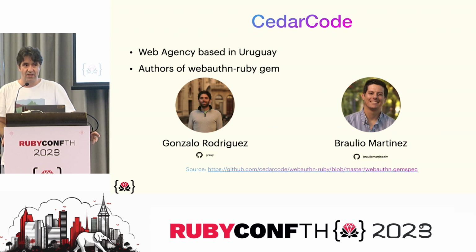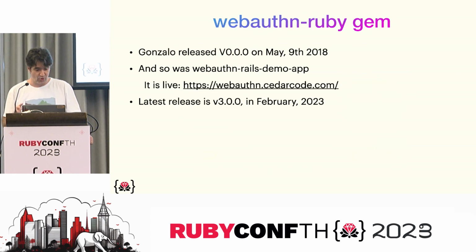If you're doing passkeys on a Ruby on Rails application, most likely this gem is going to be in your Gemfile or Gemfile.lock. According to the gemspec file, the authors of the gem are Gonzalo Rodriguez and Braulio Martinez. Gonzalo released version 0.0.0 of the webauthn-ruby gem on May 9th, 2018.